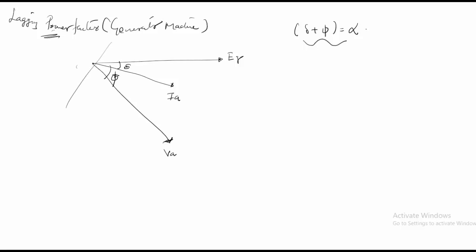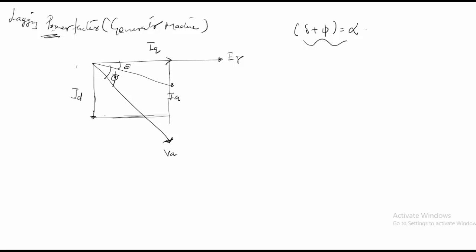At 90 degrees, this Ia can be resolved into two components separated by 90 degrees. One is the Id and the other is the Iq.